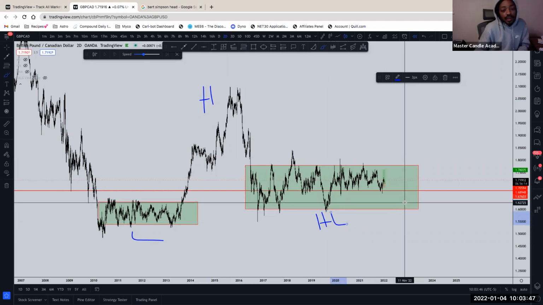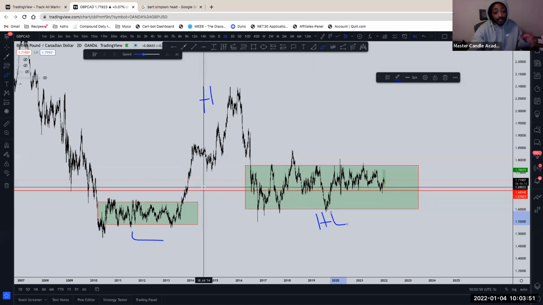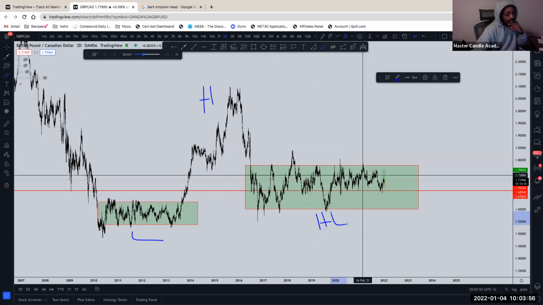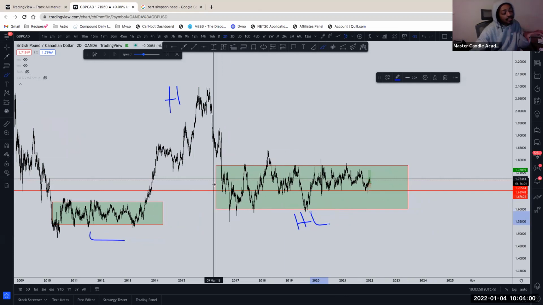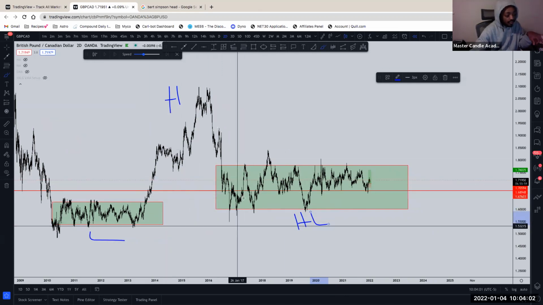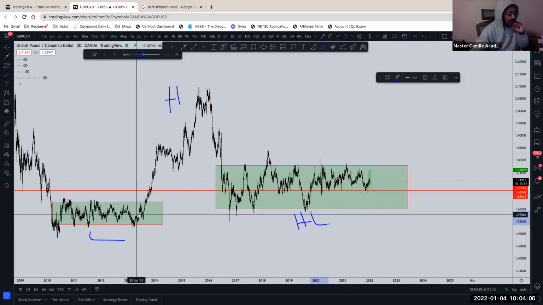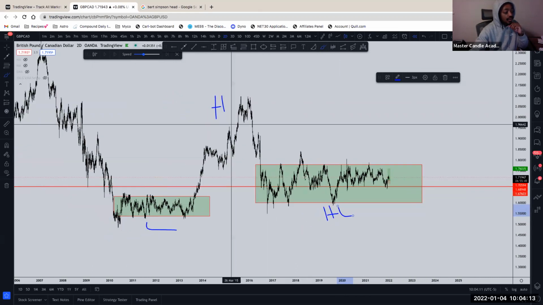Remember, I've showed you guys the higher lows. We were looking at larger time frames. This larger time frame still shows consolidation. If we went to an even higher time frame, this structure would probably be 2 candlesticks. But I want you guys to start understanding how to identify that market structure.